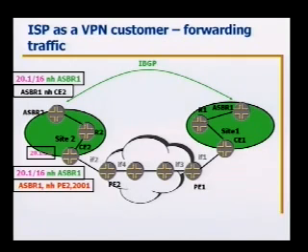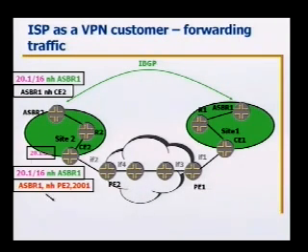At CE2, I'm going to find a route for 21/16 with next hop of ASBR1. And we know that to reach ASBR1, we need to send the traffic to PE2, but not just any way. We need to send it as labeled traffic, with a label that was assigned by PE2, the label that will identify this traffic as destined to ASBR1 in the eyes of PE2.